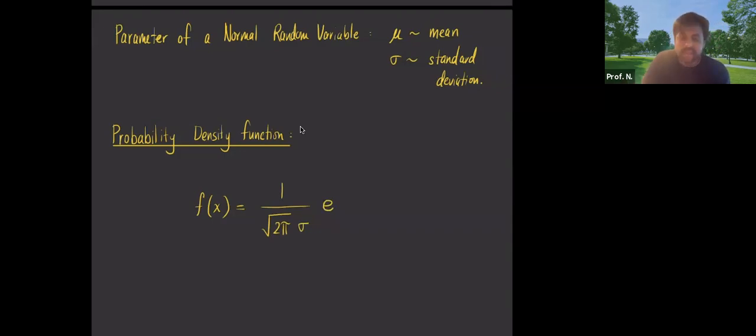So we have two transcendental constants, pi and e, Euler's number, embedded in this probability density function. e is raised to the negative of x minus mu squared all over 2 sigma squared.